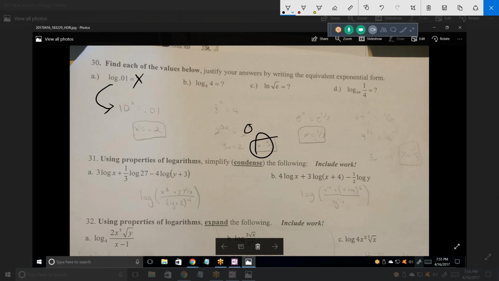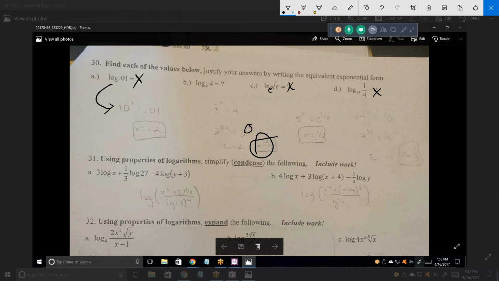This one over here, there's an e right there, and an x right there, so I get e to the x equals e to the 1/2, so x equals 1/2, very good. This one is 64 to the x power equals 1/4, and then I find a common exponential base, which is what you're doing in all of these.